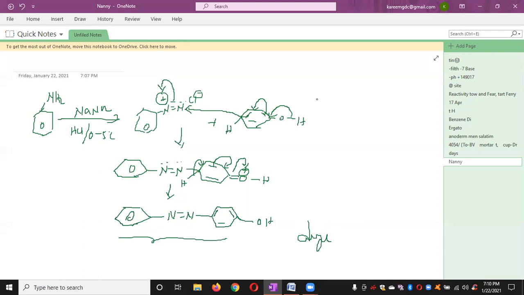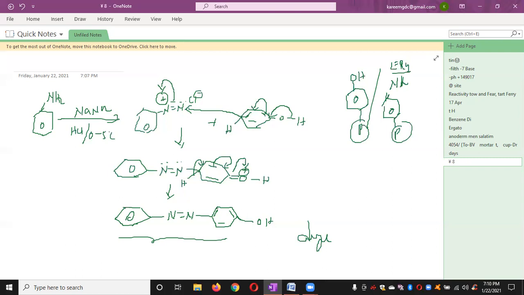So for whatever mononuclear benzene compounds are taken, there are two conditions: it should have ring activating groups or ERG groups, and the para position must be free. Otherwise, we cannot expect this reaction.